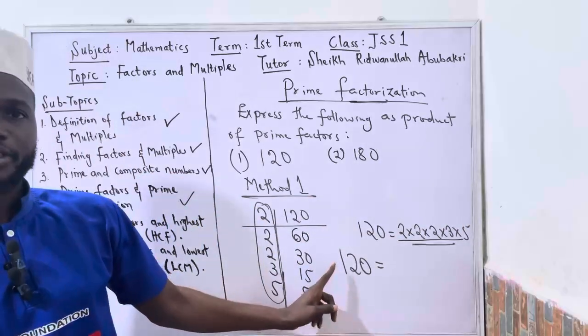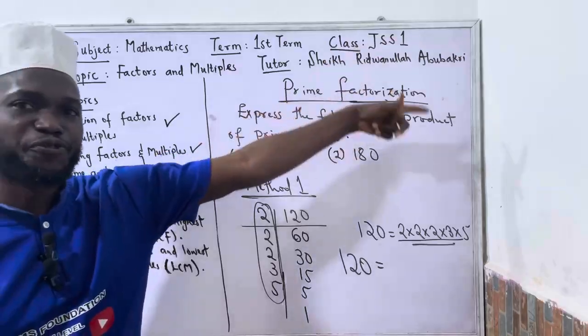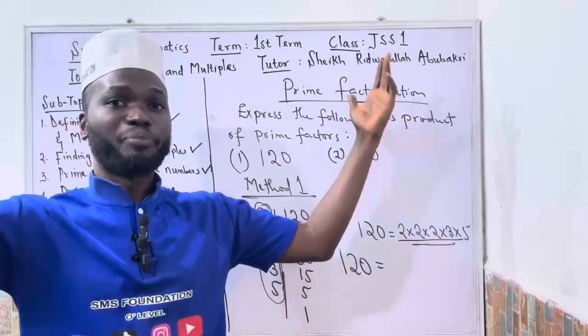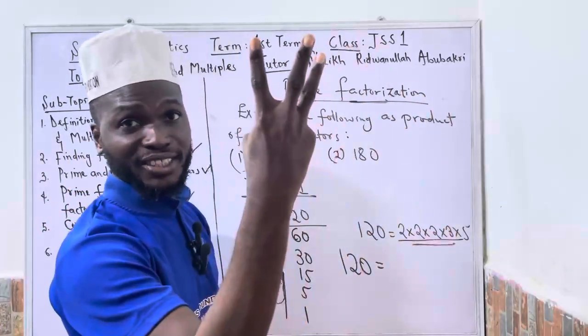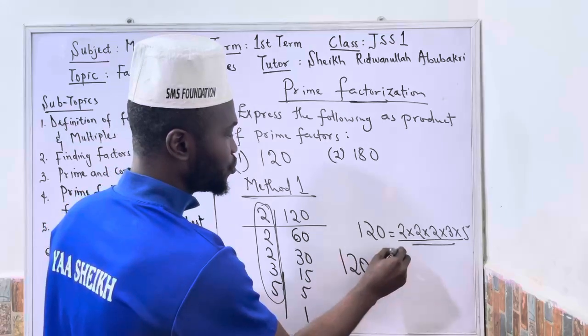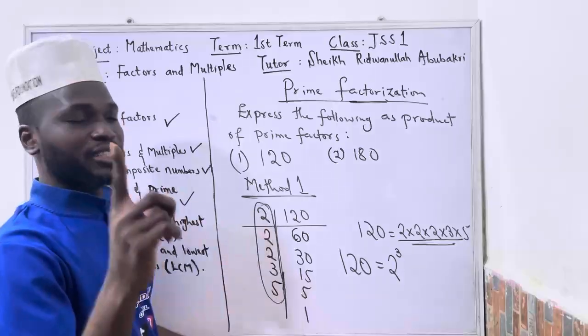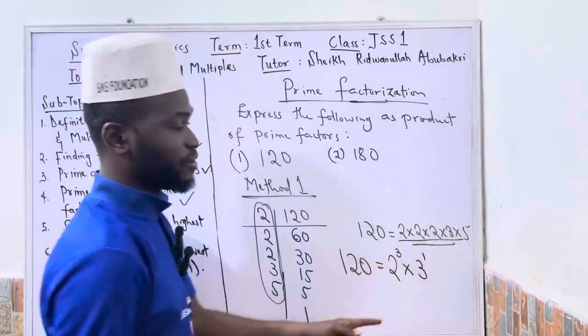But I purposely did this because the question can go further and say in index form. Index form means you want to write it in terms of powers. So now 2 times 2 times 2 occurs 3 times, so I will just say this is 2 raised to power 3. Then times 3. How many 3s do we have here? Just 1. That will be times 3 raised to power 1.